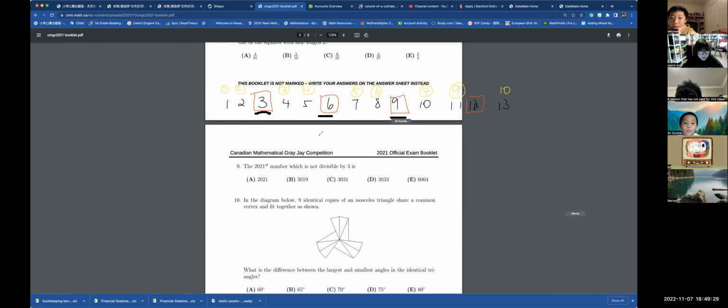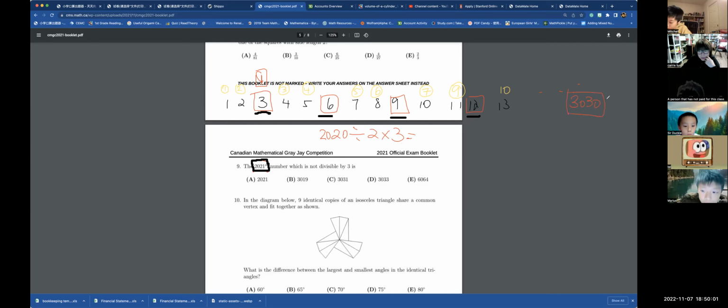So let's take a look at this one. This number is very important. If we can find the 2020th number which is divisible by 3, that is 2020 divided by 2 times 3, so it's 3030.